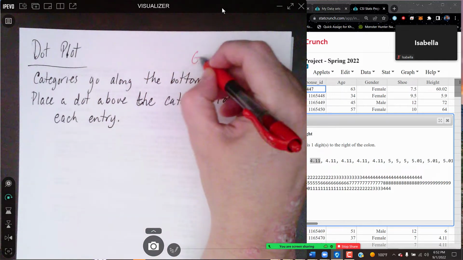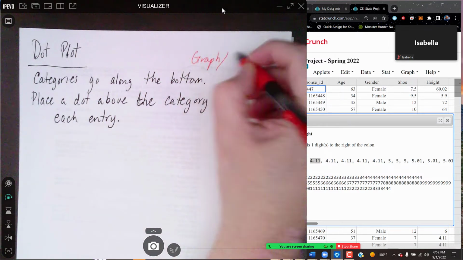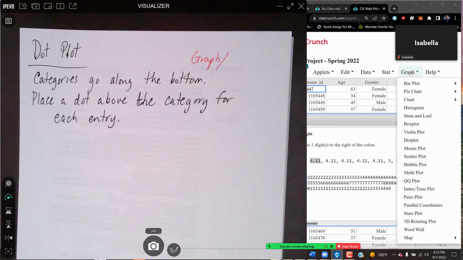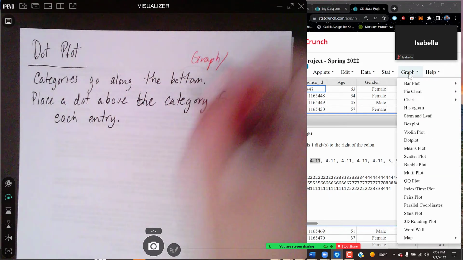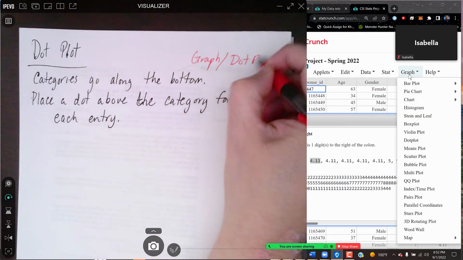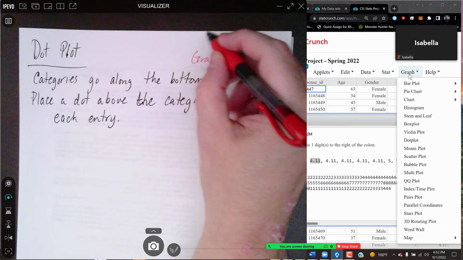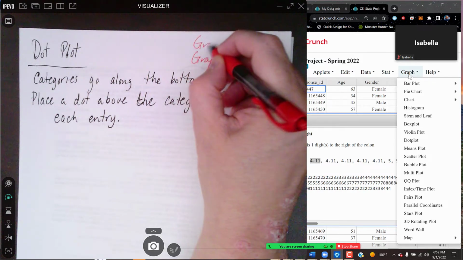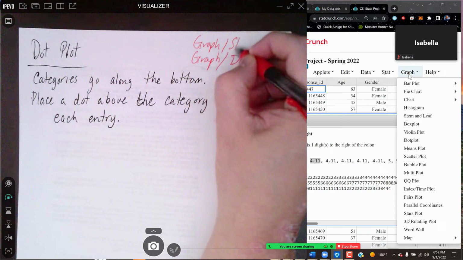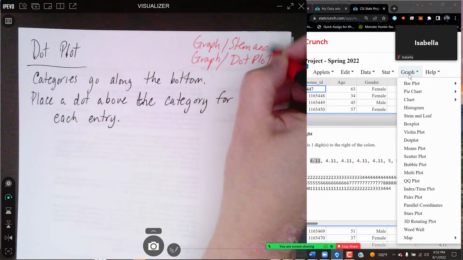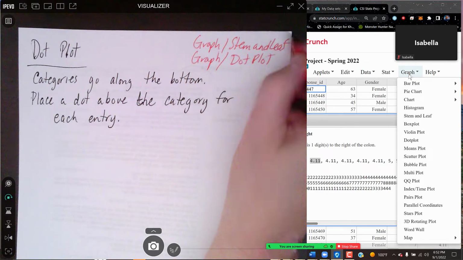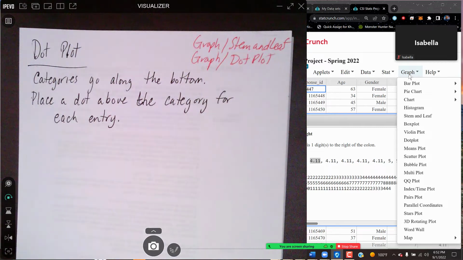We're going to get to this one through Graph and Dotplot. The one we did before was Graph, Stem and Leaf. So let's do a dot plot.